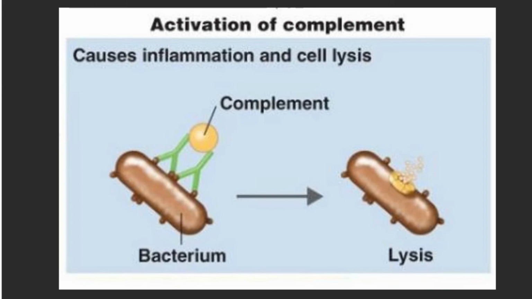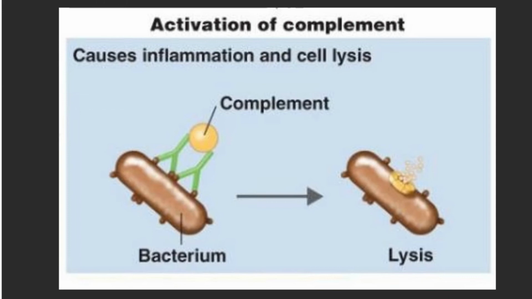You might remember those 3 things are opsonization, the enhancement of phagocytosis, the initiation of inflammation, and then something called cytolysis, which is pictured at the bottom left-hand corner of this slide, where complement proteins, upon activation, will punch holes in the wall of a pathogen and cause that pathogen to lyse.